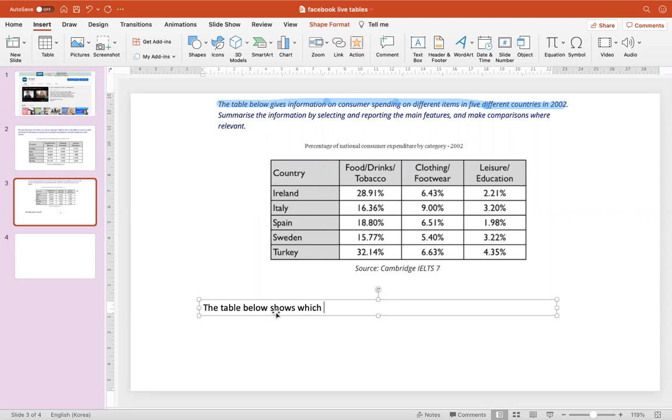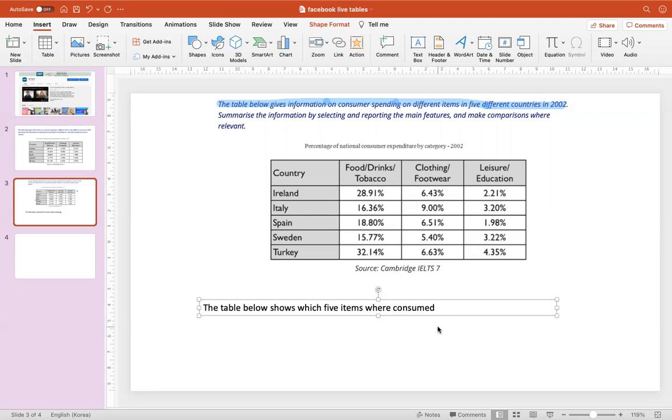Shows which items were maybe consumed most, or not consumed. I can say which items were consumed. We don't have to say consume most.